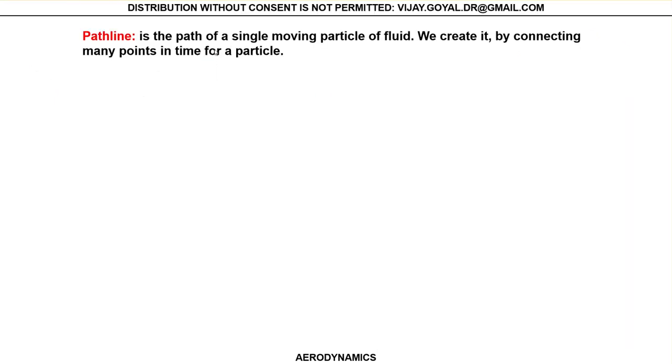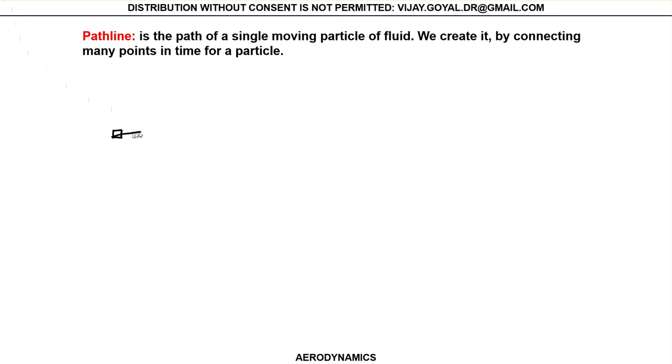Okay, so with that said, let's change the colors here. Let's talk about what a path line is. If I have a fluid, right, a small fluid particle, and that fluid particle is moving with time.